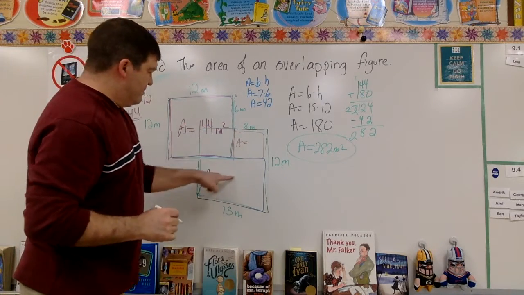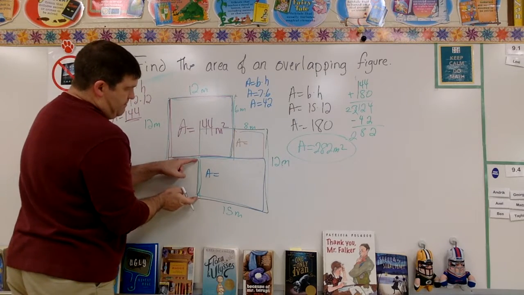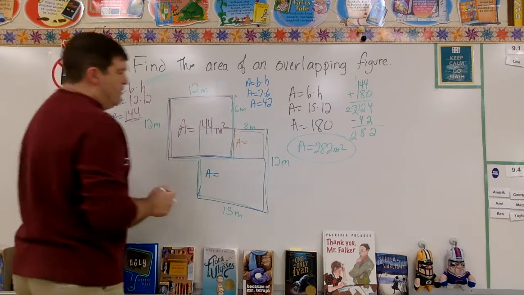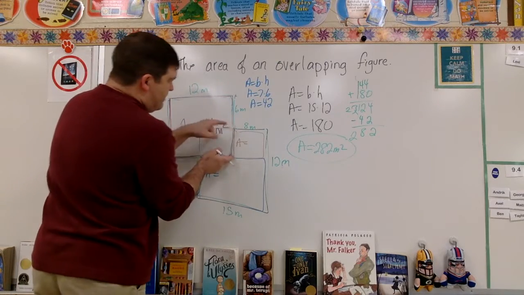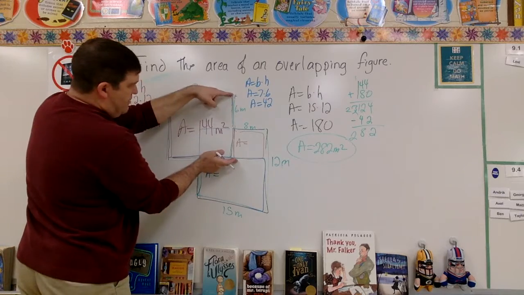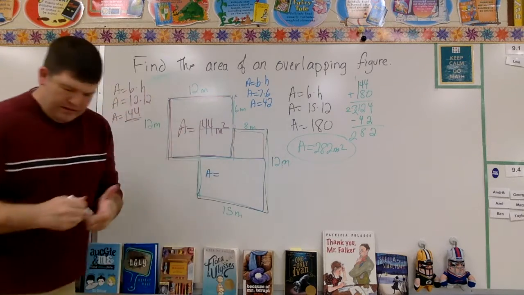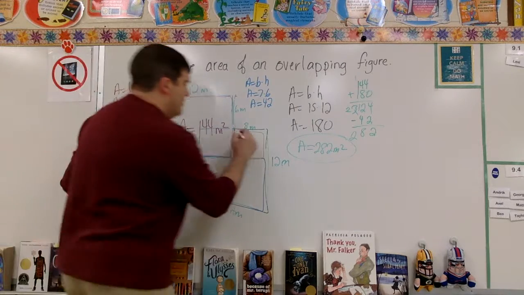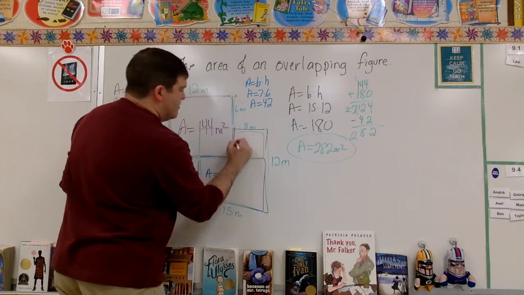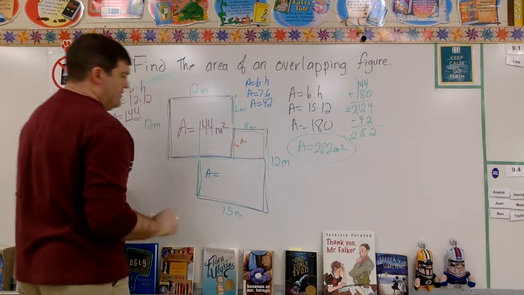Now let's find this one. I need to find what this is. And the way I'm going to do that is by finding, let's do this first. I know this whole thing is 12. This is 6, so I know this to be 6 meters, because 6 plus 6 is 12.